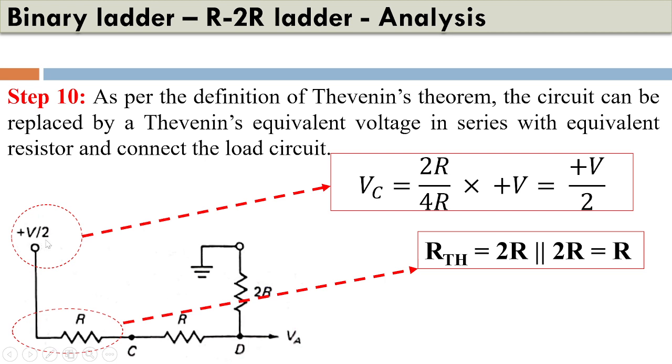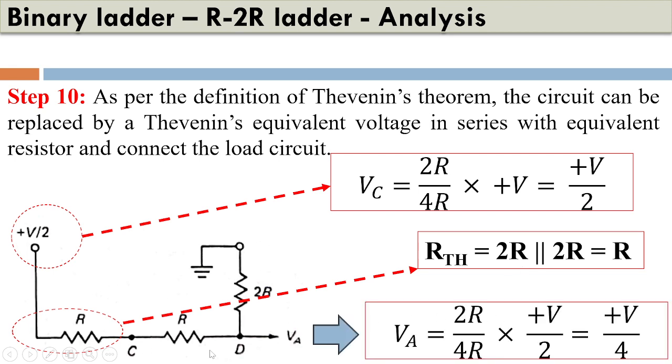Now what we can see here is the Thevenin's equivalent voltage source, and this R is the Thevenin's equivalent resistance. Now in this particular circuit, if we want to calculate VA, what we can closely observe is, again, we are trying to calculate the voltage across D, which is across this particular resistance, that is 2R.